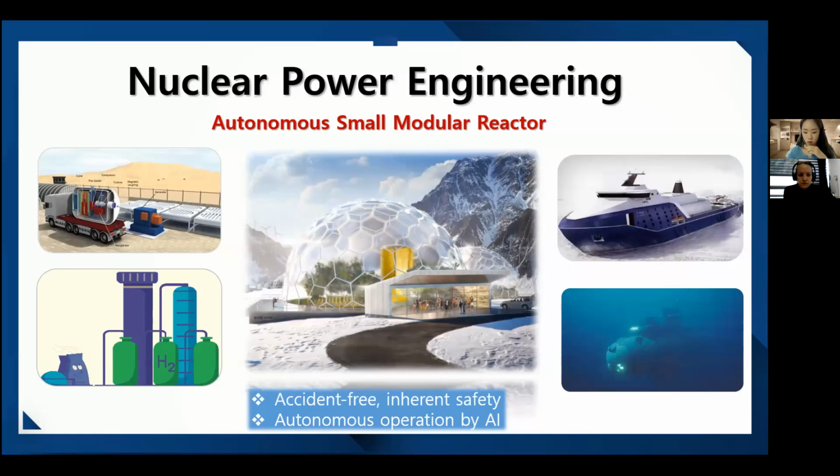Also, many professors are working on waste management as well as policies such as nuclear non-proliferation and things like that. So we have a lot of different areas of research. One example from the nuclear power engineering section is the development of small modular reactors, which is a very active research topic in the world, not just in KAIST.